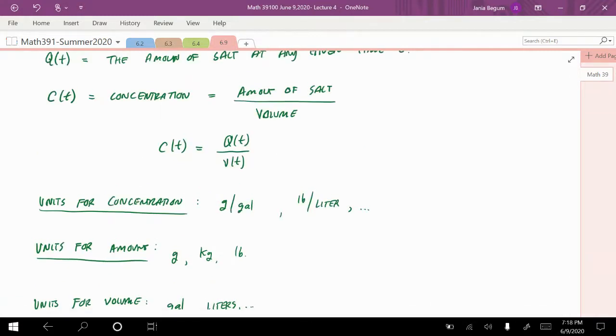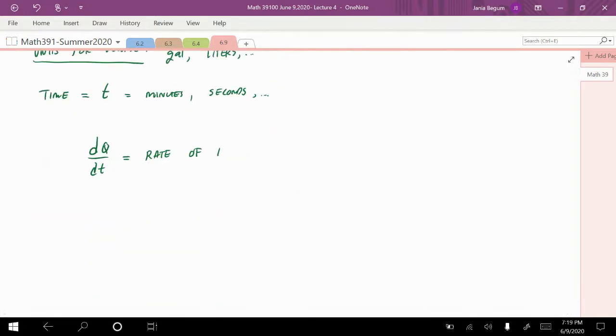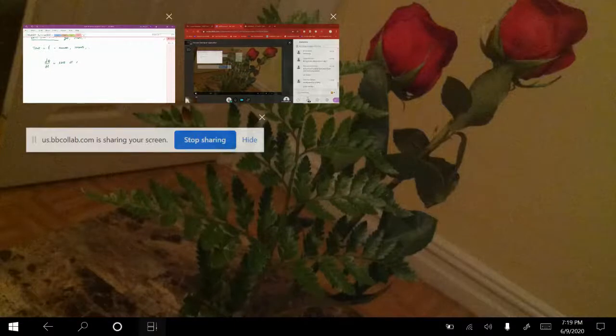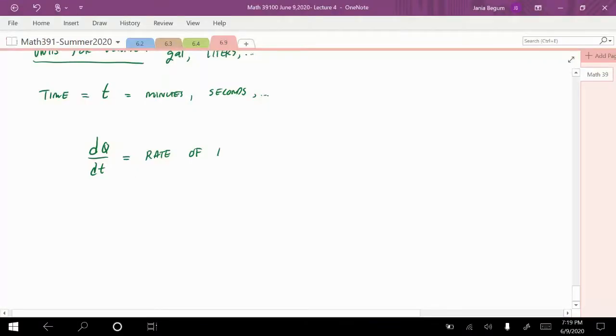Okay. So the first derivative is the rate, right? So it's the rate of how fast the amount of salt is changing at a given time. Okay. So all right, so you're good.